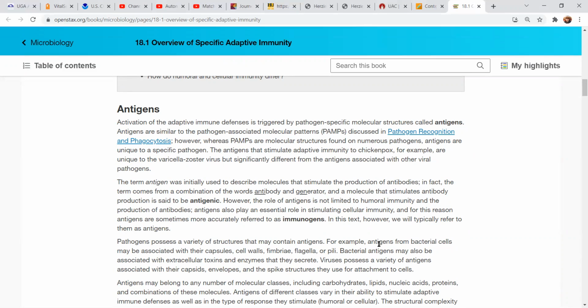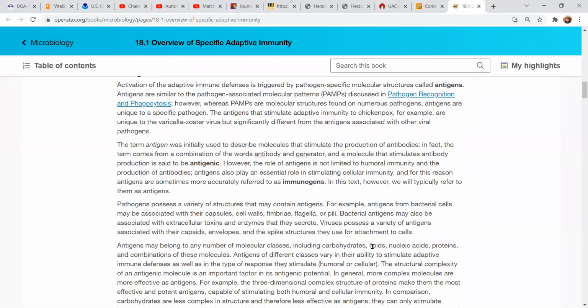PAMPs are found on numerous different pathogens. Antigens are specific to a particular pathogen. Antigen was originally used to describe molecules that stimulated the production of antibodies, and that's where their name comes from, antibody generating.